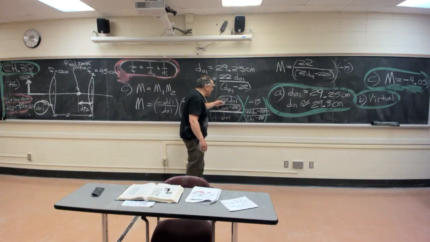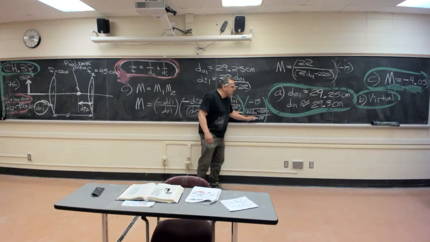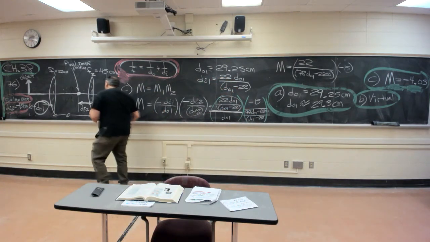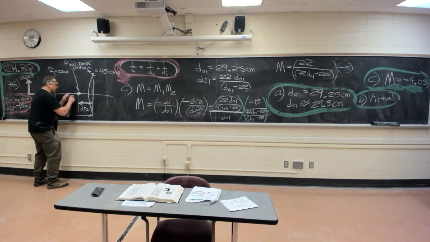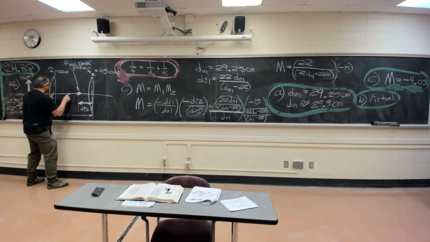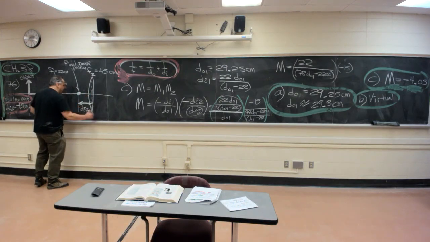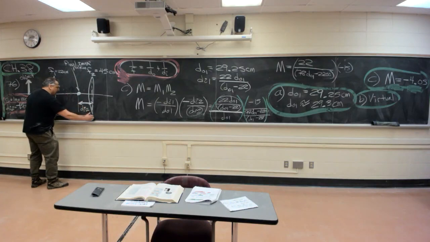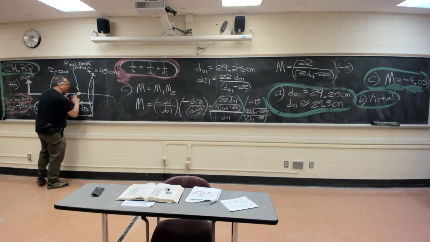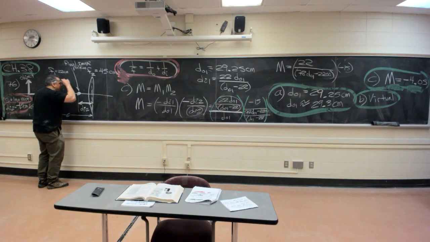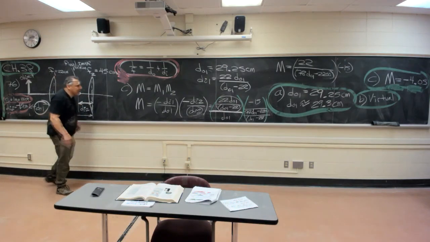We call it DI1 here, and here we call it DO2, but that pseudo object has to be regarded as a distance not from lens 1, which is DI1, but from lens 2. The 100 centimeters S minus this distance will give you the distance that DI1 would be to the second lens. That's DO2, the pseudo object's distance to the second lens.